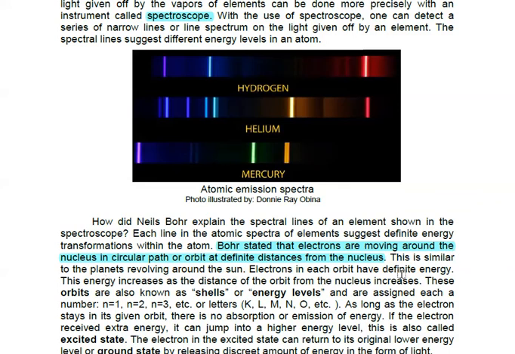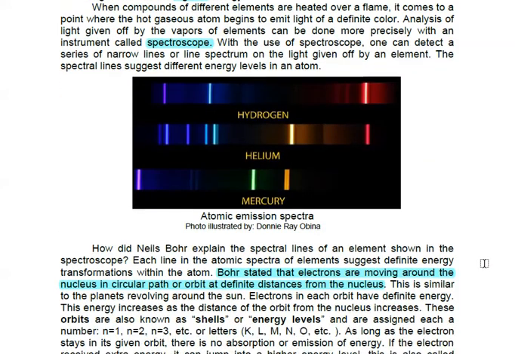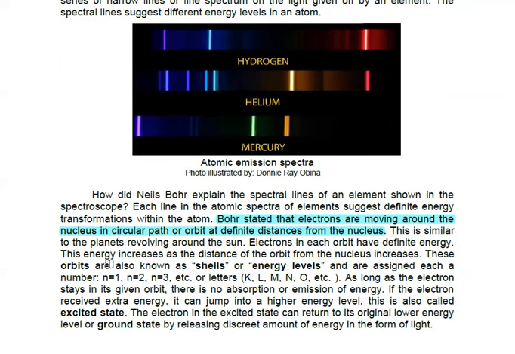Electrons in each orbit have definite energy. This energy increases as the distance of the orbit from the nucleus increases. So, the energy of electrons will increase as they get further away from the nucleus. These orbits are also known as shells or energy levels, and each is assigned a number.